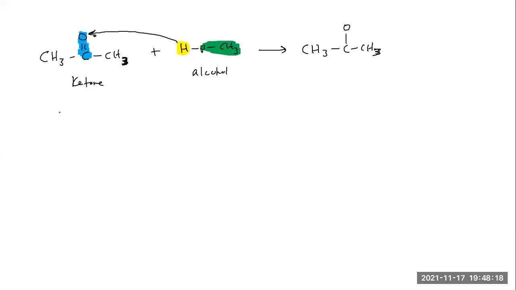This oxygen carbon group, which is technically negative, is attracted to the positive carbon there. What that will end up giving us again is a hydrogen up there on the oxygen, making an OH group, and our oxygen carbon group here will add.